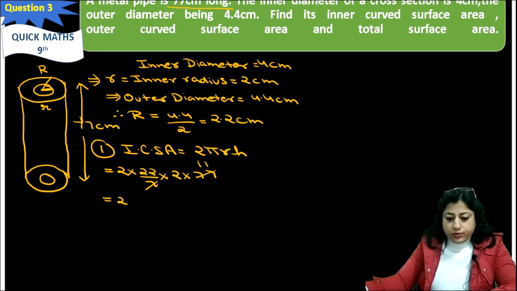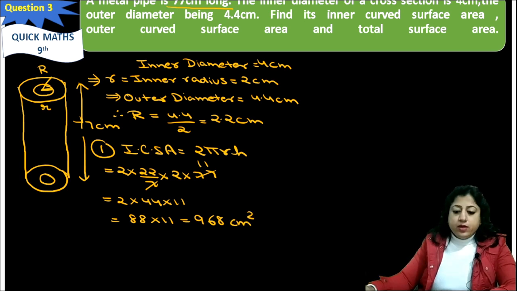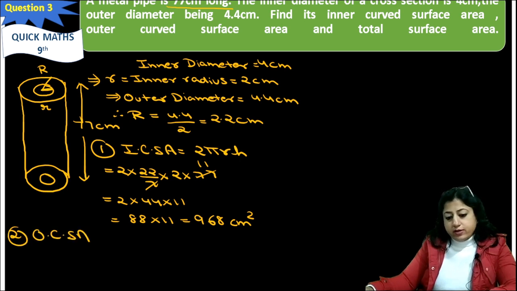So it will be 2 into 44 into 11, or we can say 88 into 11, so it will be 968 centimeter square.